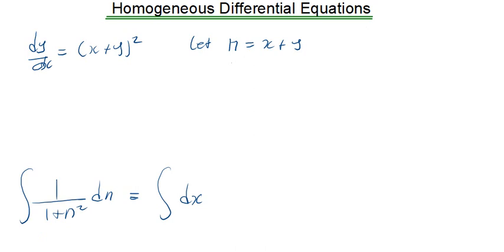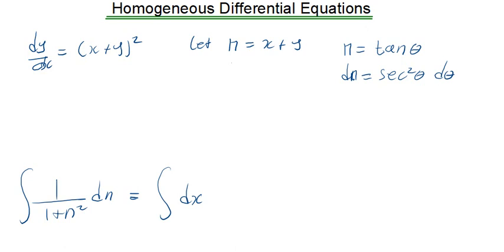Since we have 1 plus n squared, I let n equal tan theta, meaning dn equals sec squared theta d theta.